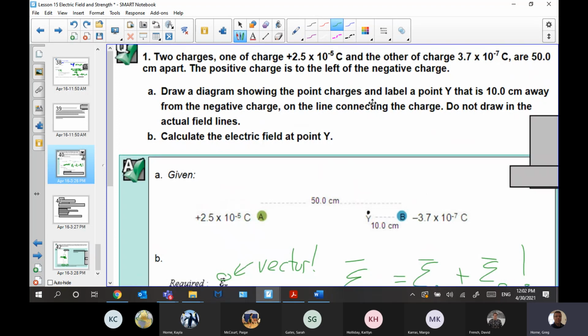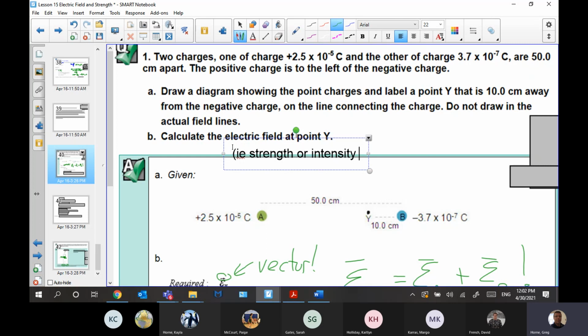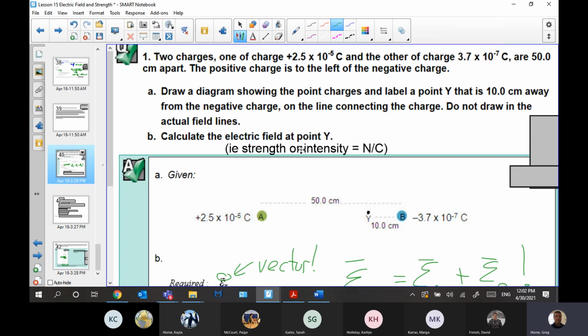Electric field intensity or electric field strength, or just electric field. So i.e. strength or intensity, which always equals the idea of newtons per coulomb. We're talking about curly E. Okay, so I'm also annoyed by their language. People use very different languages, right, for this. But we're talking about electric field, they're automatically looking for the strength or the intensity. In other words, we're talking about curly E.